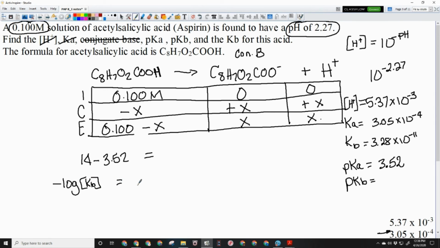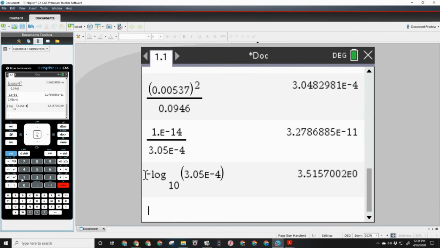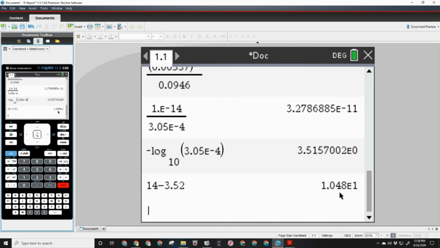So let's just do both and see if we get the same number. 14 minus 3.52 is 10.48.